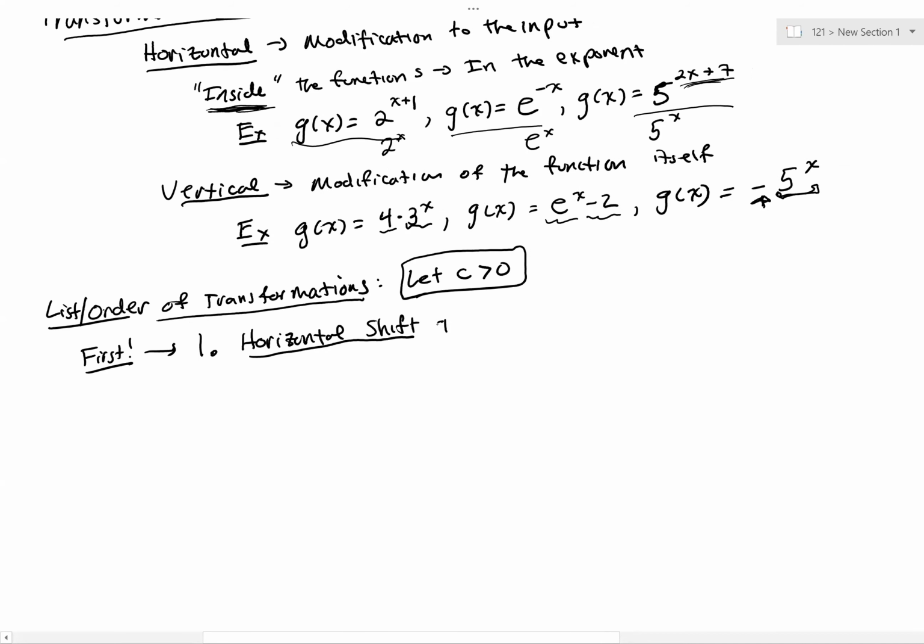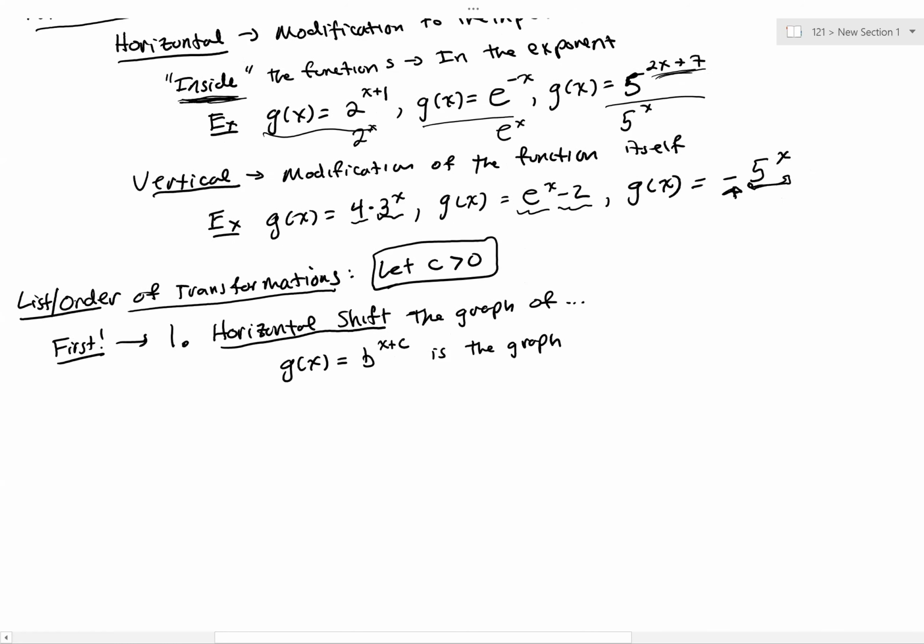So horizontal shift, so we're going to say the graph of g of x is equal to b to the x plus c, maybe just to save a little bit of writing.